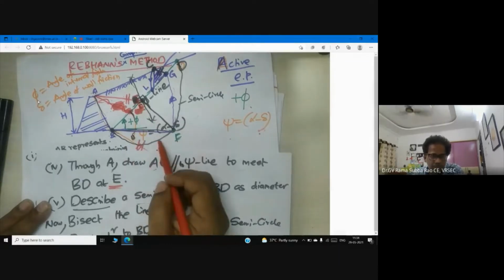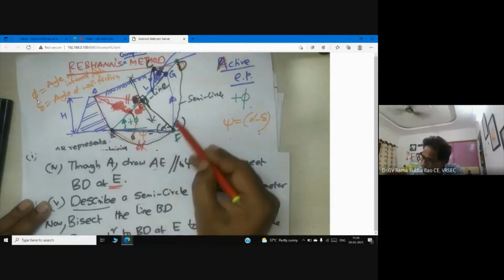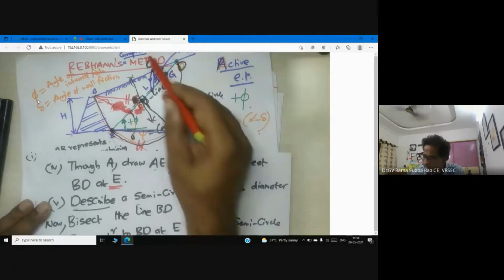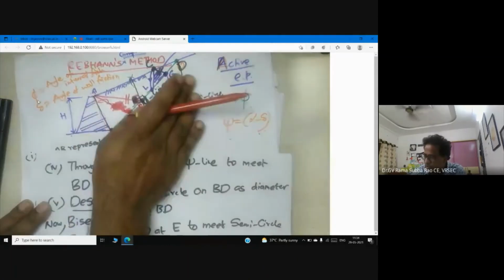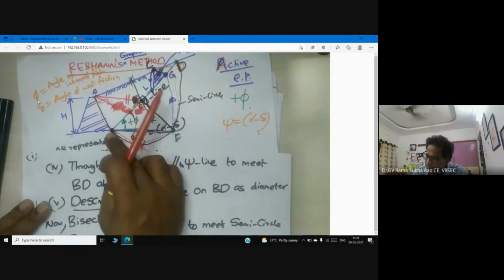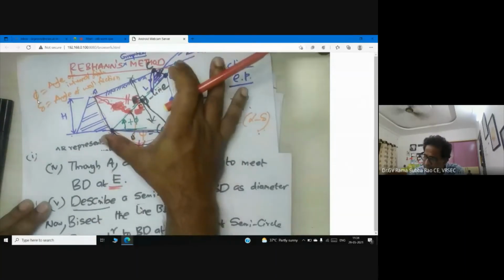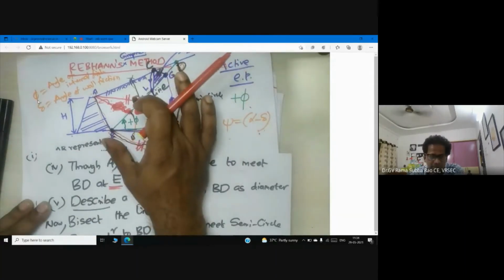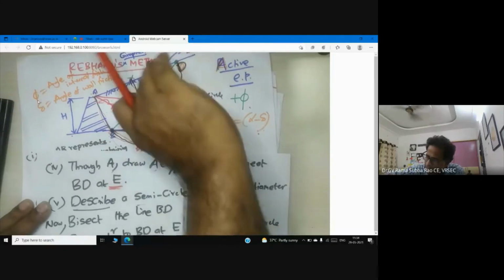Now describe a semicircle. Don't draw a full circle, a semicircle is enough. This is the diameter, take radius as diameter by 2 and draw the semicircle.